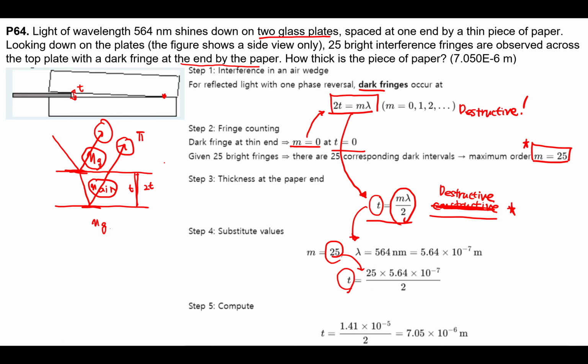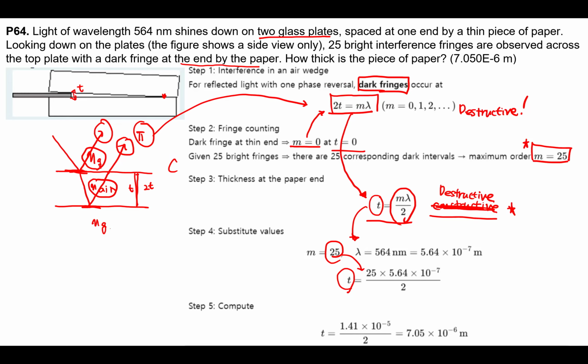So let me summarize. In this case, you need to figure out there's a pi phase shift due to reflection from air to glass. And if there's a pi phase shift, 2t, which is the path difference, should be an integer multiple of lambda. This is the dark fringes. Then you need to count the m. In order to count the m, the starting point is m equals 0 at t equals 0.